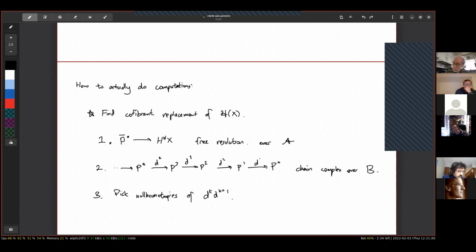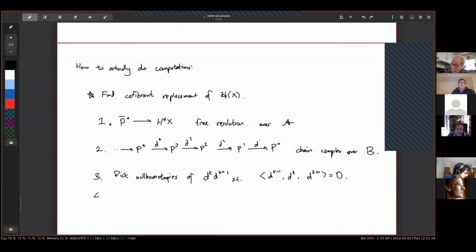This is the step that requires actual work, which is what the computer does. We want the threefold Massey products to be trivial. If you write down what exactly this means, you have some recursive relation to solve for, which you can do with the computer.